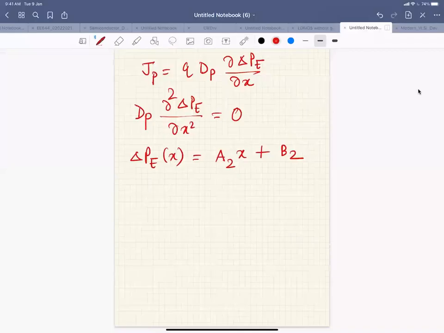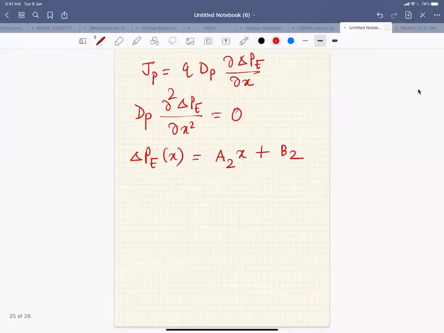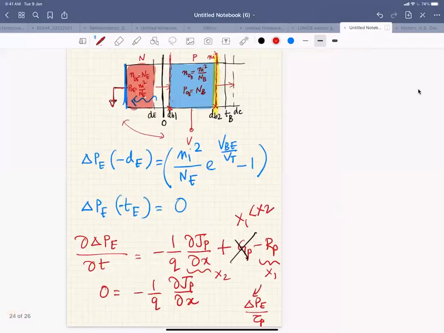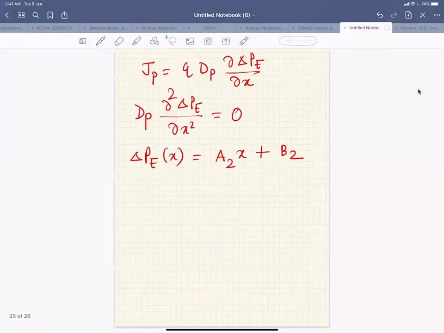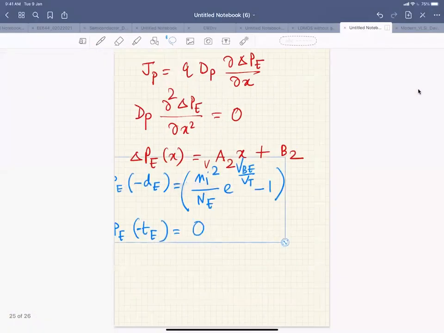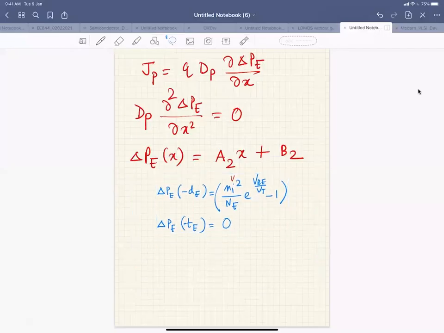But if you tell me, okay, this is an approximation, and I want to derive the exact equation, then I cannot really neglect this recombination term. All right, so now if this is the case, then I know the boundary condition, so you could solve and easily find it.